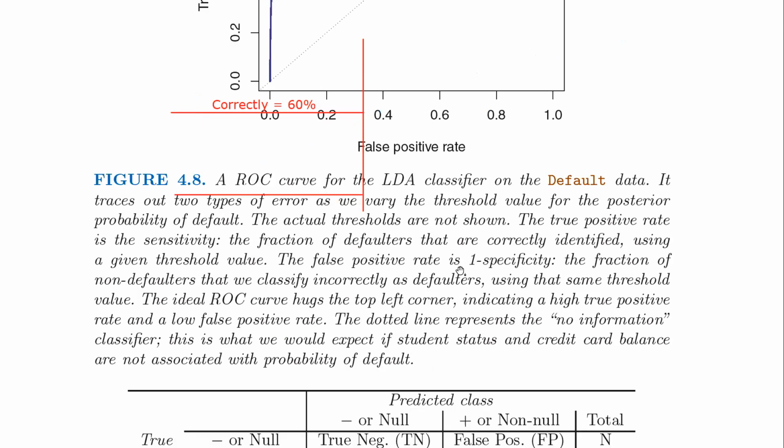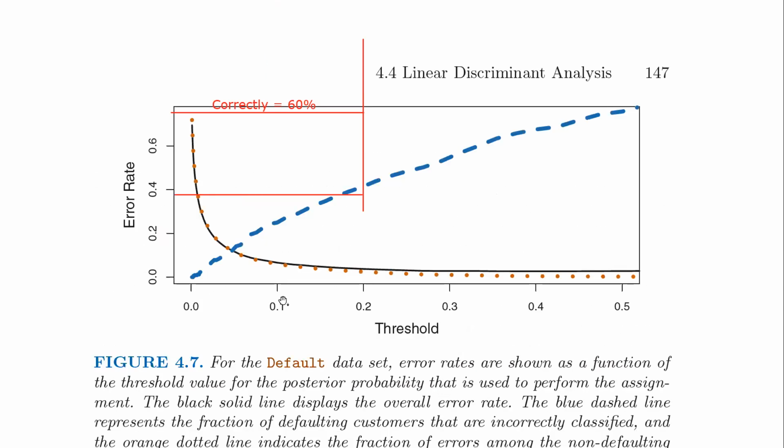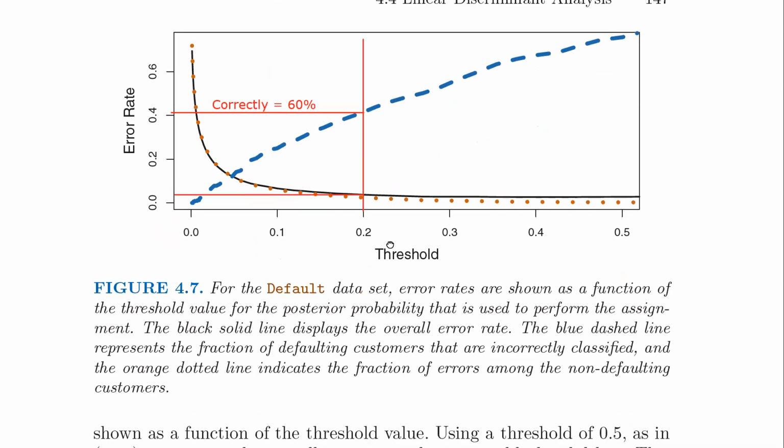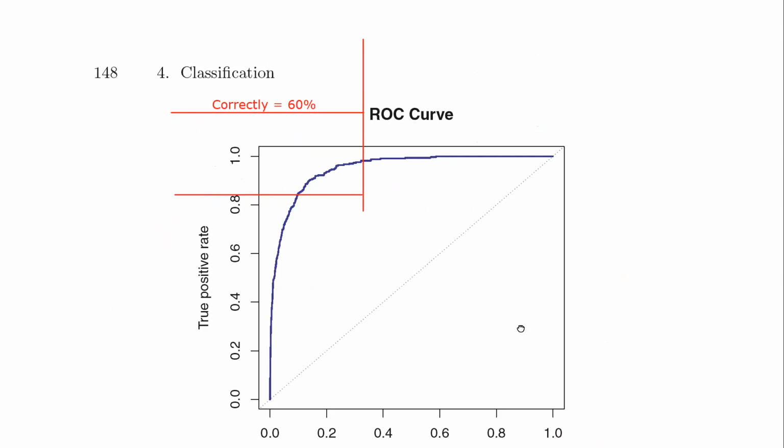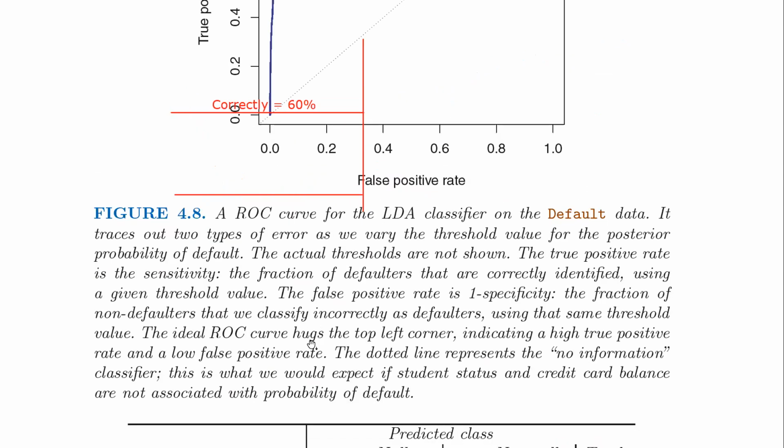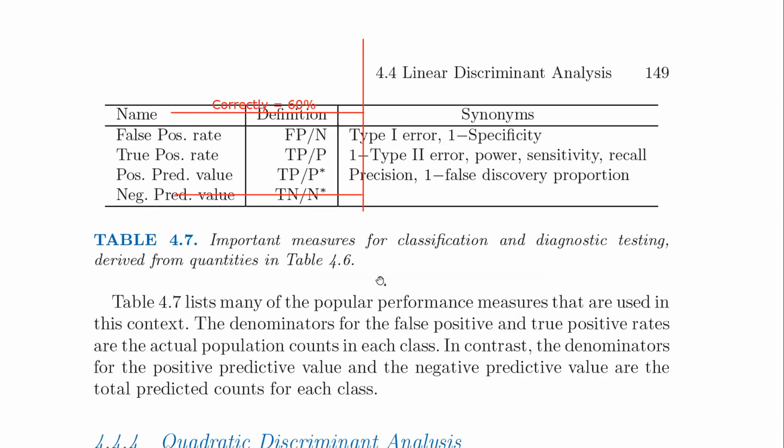The false positive rate is the fraction of non-defaulters that we classify incorrectly as defaulters.